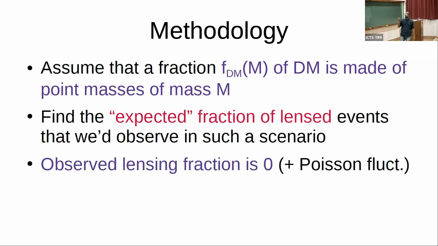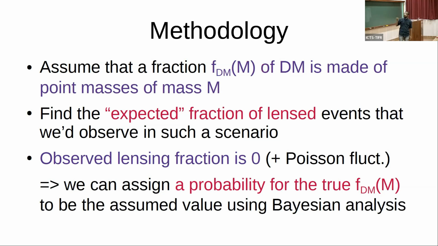And since the observed lensing fraction is 0 plus Poisson fluctuations, we can assign a probability for the true FDM in the universe to be that assumed value using Bayesian analysis. This last part has been done in Somedi's work. All we have to do is substitute their diffraction effects based lensing fraction with our strong lensing based lensing fraction. The job is to find what is the fraction of events that would be strongly lensed in our universe as a function of FDM.